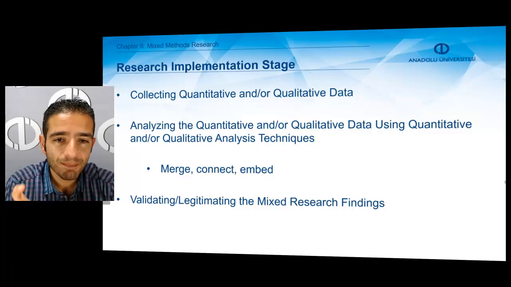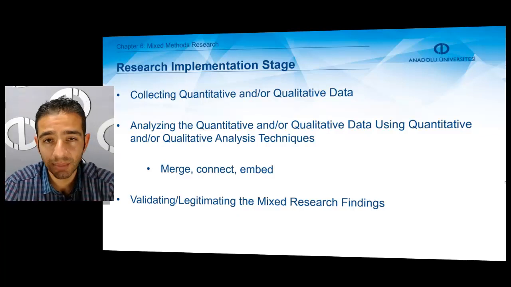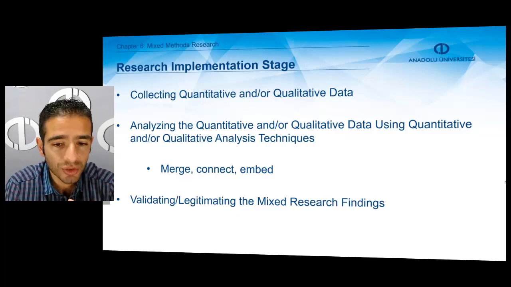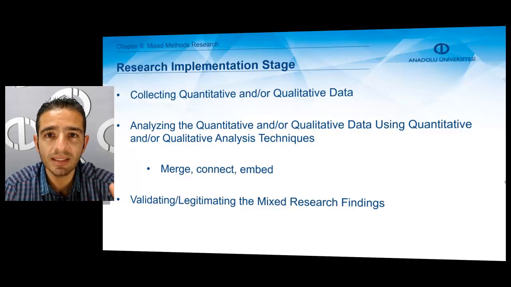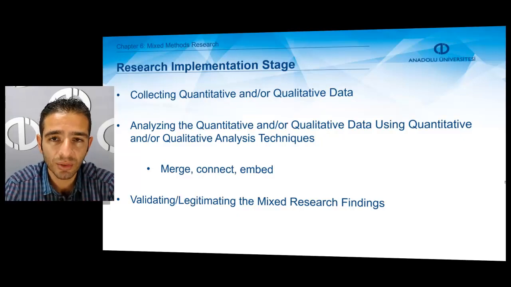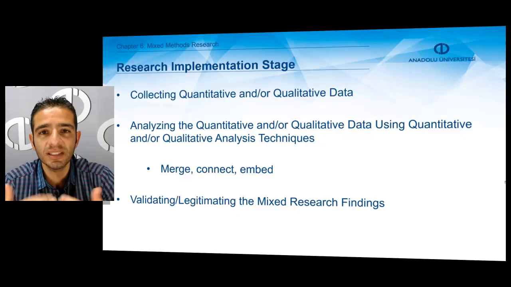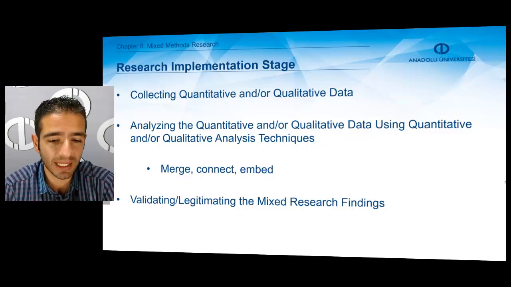I mean, the rationale behind these analysis and presentation parts is to merge, connect, or embed these 2 data types together, okay, so that you can present a more holistic perspective.